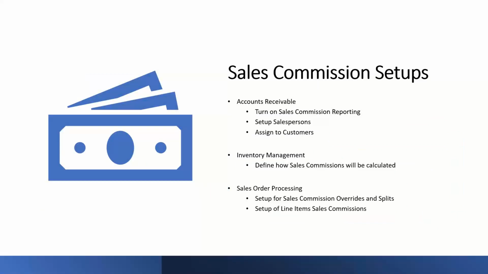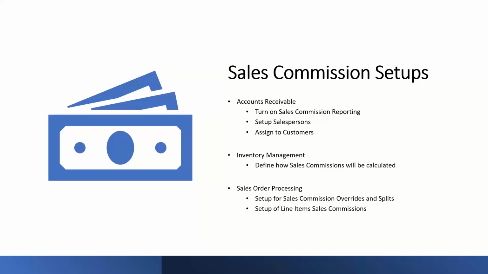Begin with our commission setups. There's basically three key areas where we need to take care of the setups. First is accounts receivable. This is where we're going to turn our commission reporting up, assign our salespeople to customers, as well as ship to addresses.